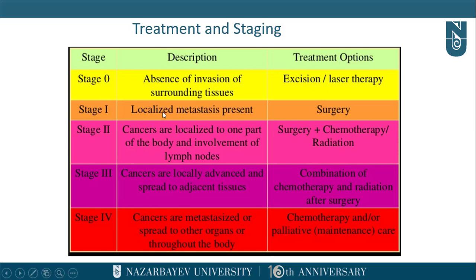Stage 1 is when the doctor can see the localized metastasis present, and he will advise the patient to have a surgery in order to remove the organ or the tissue.